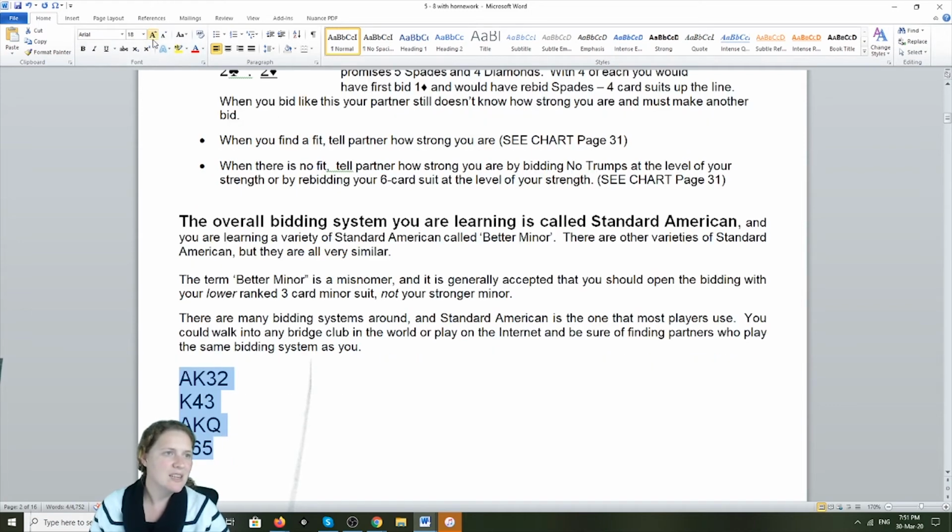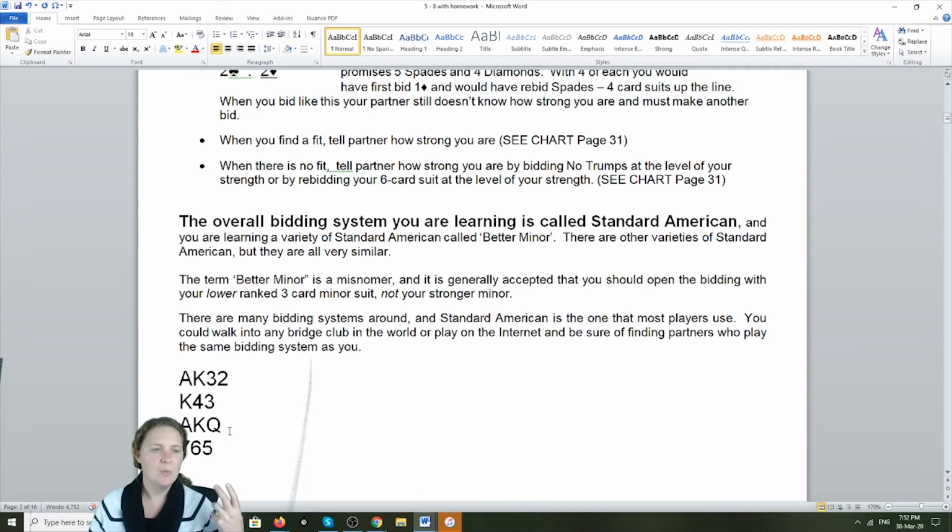Is probably much nicer. If I had this particular hand, just thinking about the idea of better minor, if I'm choosing between opening 1 club or opening 1 diamond, my diamonds are better. They are higher quality. That's what better means, doesn't it? No, it's not the case. It should be longer minor.